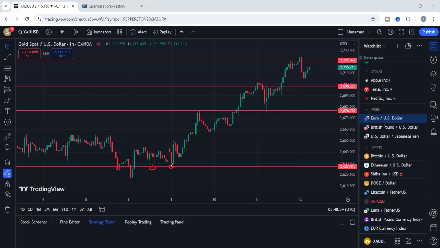From Monday, we had this point here, and you can see we had a high over here. So we can consider this as an area of support, and then here an area of resistance. Still on that Monday, after getting to these highs, which acted as resistance, price did a bit of sideways action, went back to this resistance point and then broke out.